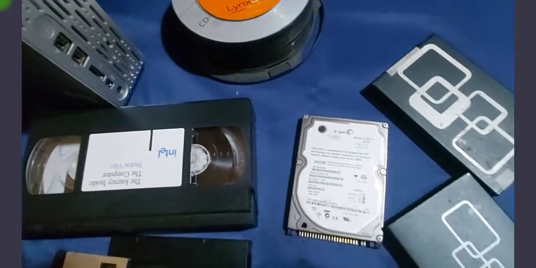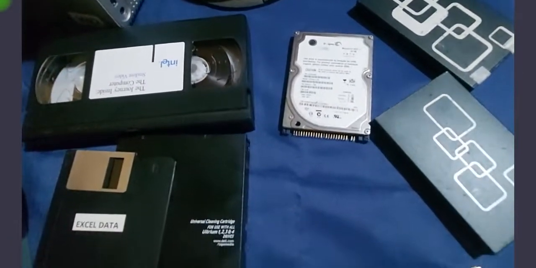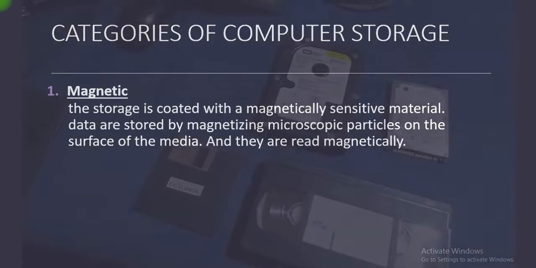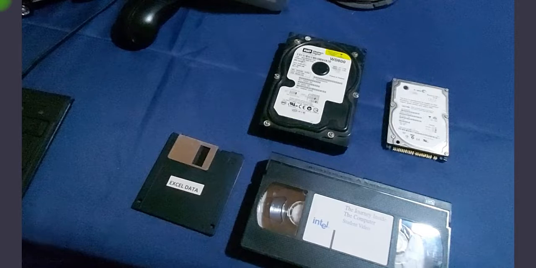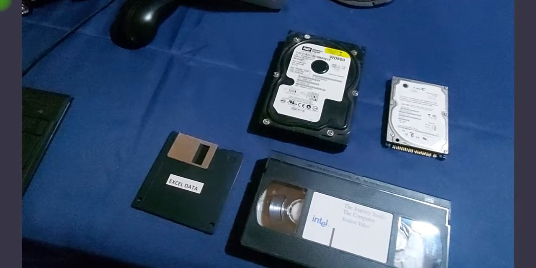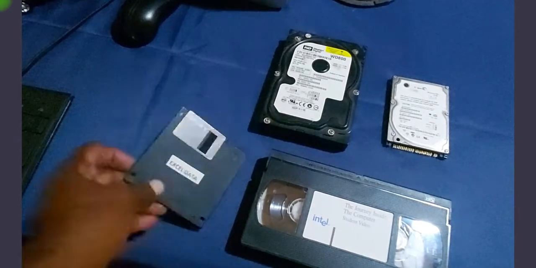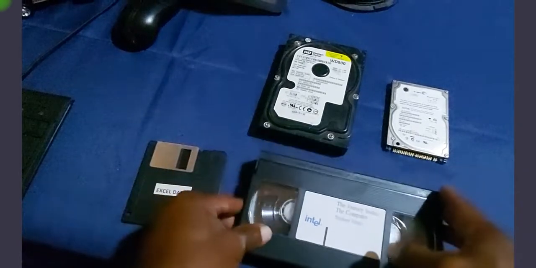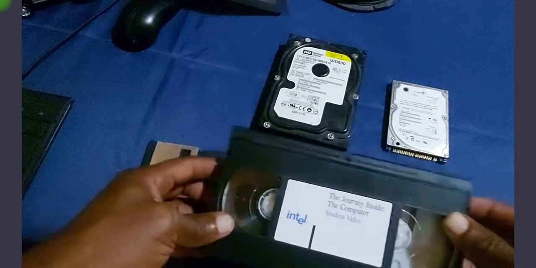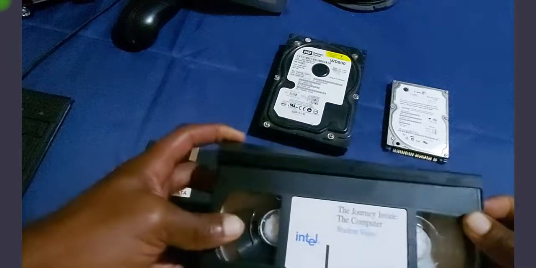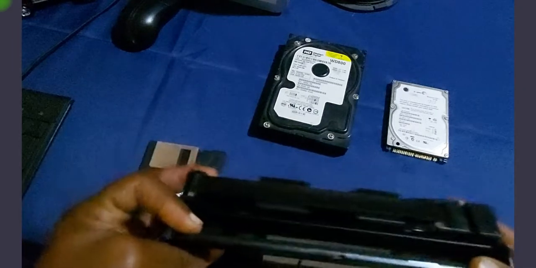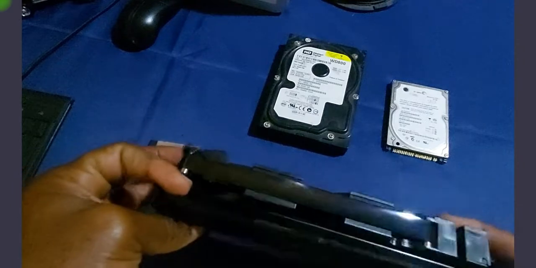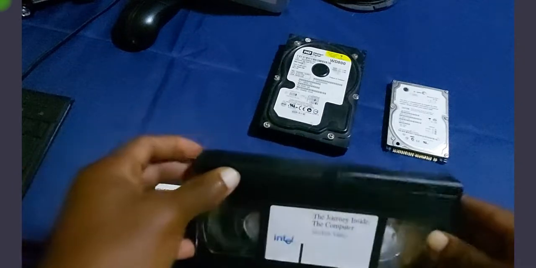So earlier on, we would have started out with magnetic technology. With this type of technology, the medium, whether it's something like a floppy disk, magnetic tape, or hard disk drive, has a surface coated with a magnetically sensitive material, and data are stored by magnetizing the microscopic particles on the surface of the media.